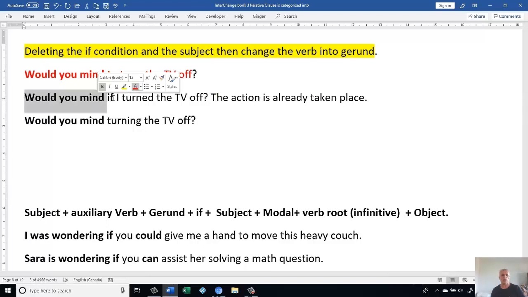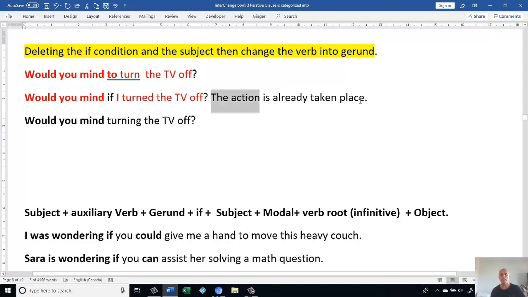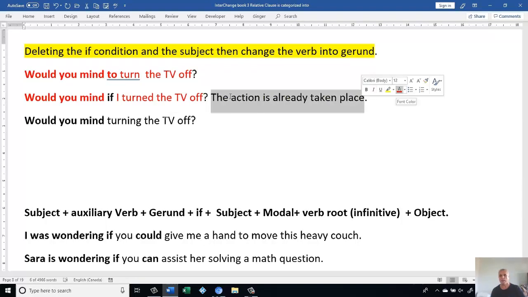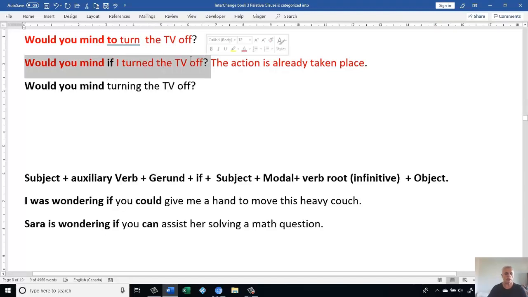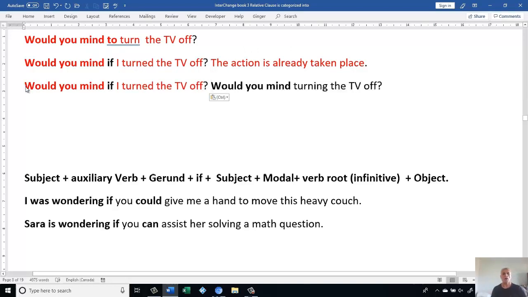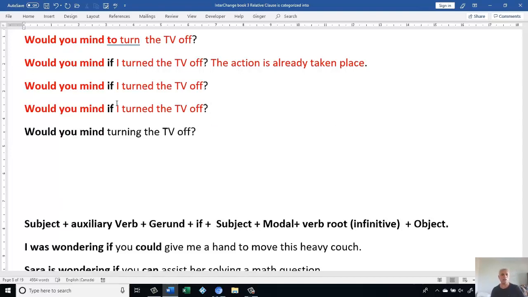Let's go to the other sentence. Would you mind, the first clause, if I turned the TV off? Okay, the action has already taken place, because here I have it in the past. Then if we delete if, let's do it step by step. We have the sentence here. We delete if.